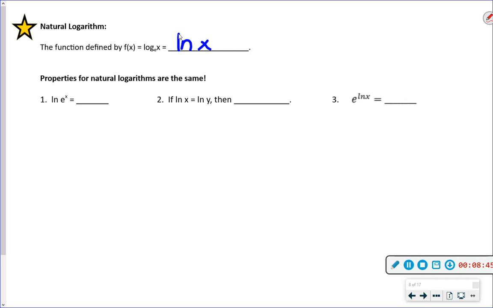This is a log, exponential, cancel. And ln on either side, anytime you have the same thing on either side of an equation, they cancel. Exponential, log in the same base, ln's really log base e, cancel. So we're going to be canceling a lot of stuff out is what's going to happen here.